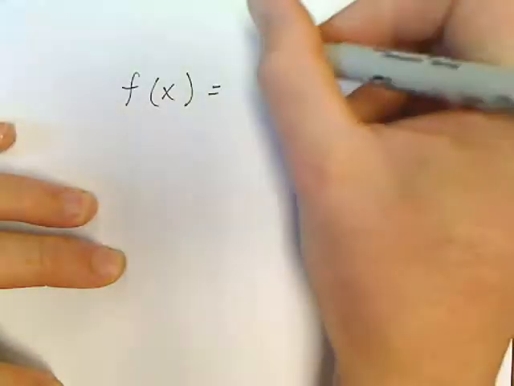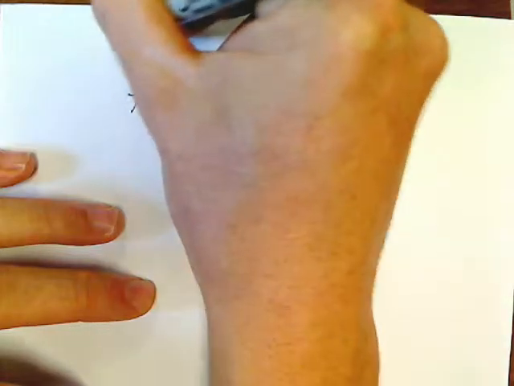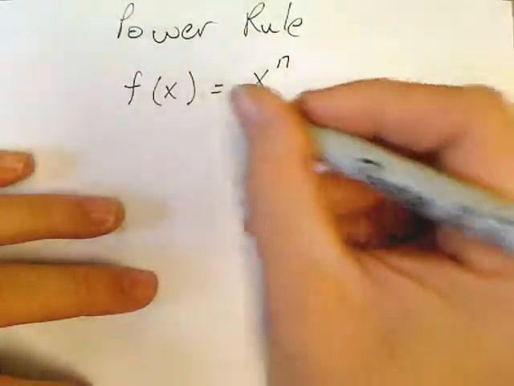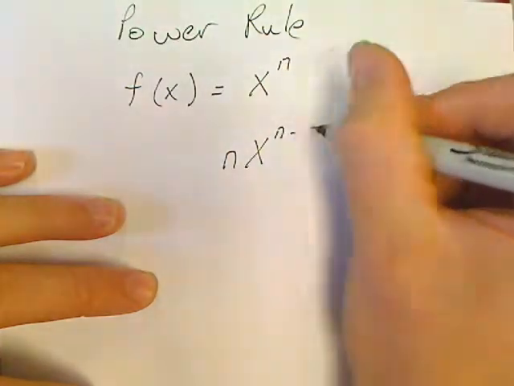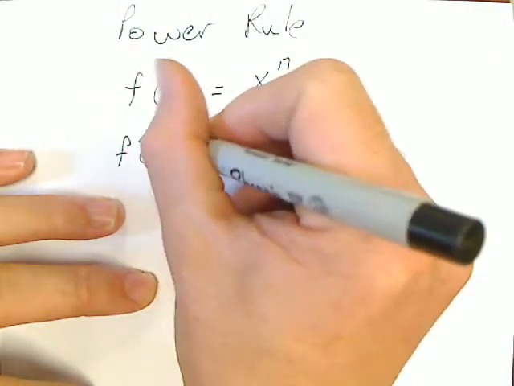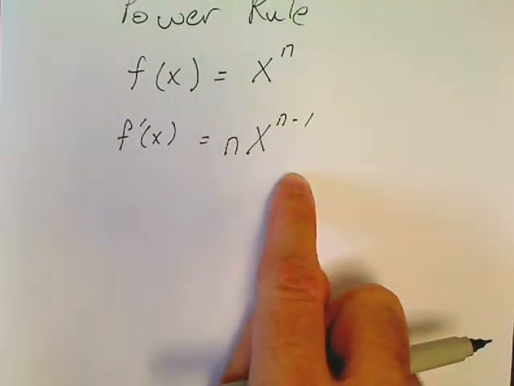The power rule: if you've got a function f of x equal to x to the n, the power rule says all you have to do is multiply by that power, subtract 1 from it, and then you have your derivative. So what this will do is allow us to find a slope.